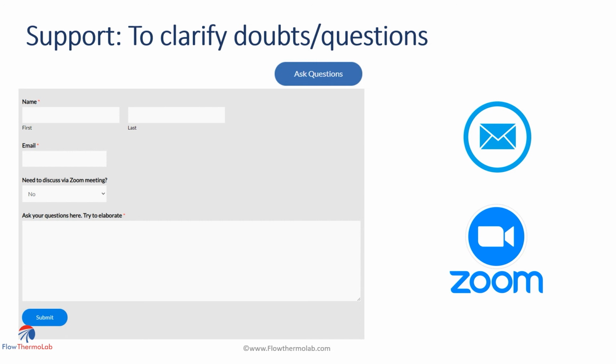You will see a form like this, and you can find the link in every lesson, and there you will have the option to choose a Zoom meeting or not. This will be addressed as a support request and we will get back to you as soon as possible. We will make sure that all your doubts and questions are clarified during this course.